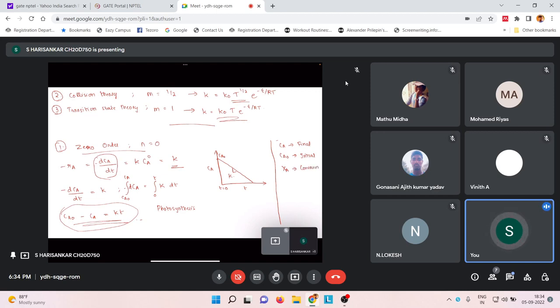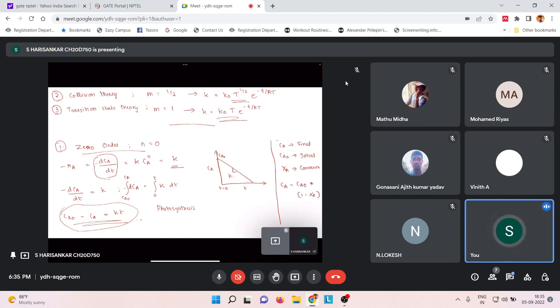So Xa, or conversion, means how much of your initial reactant is being converted to the final product. So what we can do is correlate Ca0 and Ca using this conversion. Okay. So Ca is equal to Ca0 into 1 minus Xa.